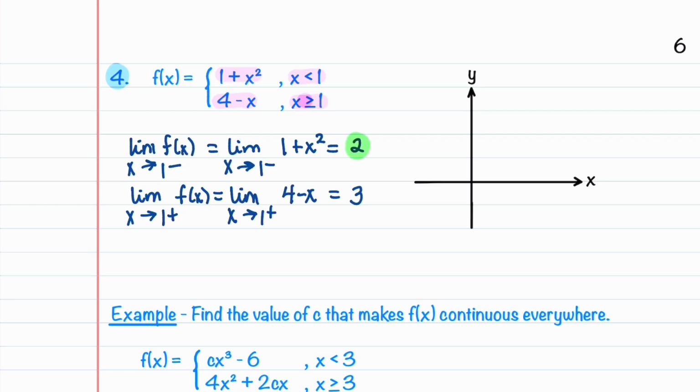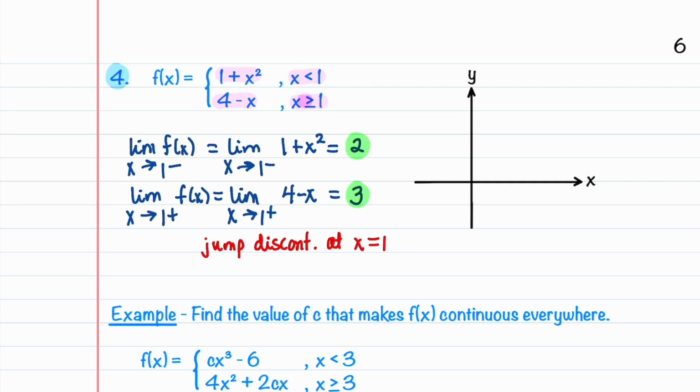Notice that the limit from the left is not equal to the limit from the right, and it doesn't go to infinity, so this tells us that we are going to have a jump discontinuity at x is equal to 1.